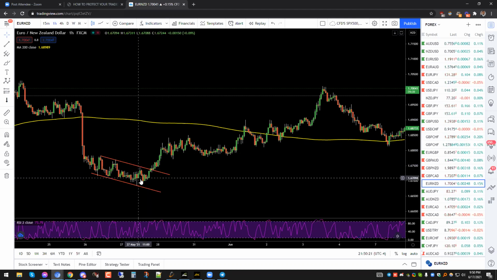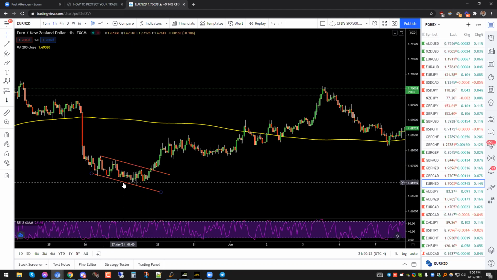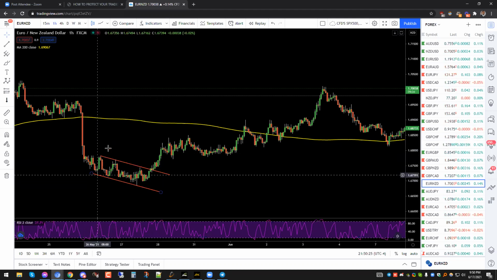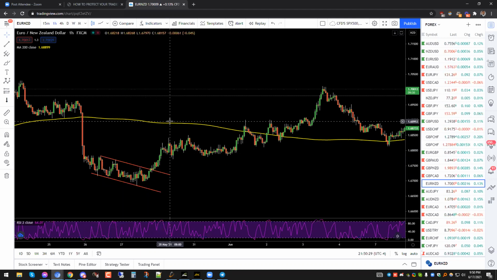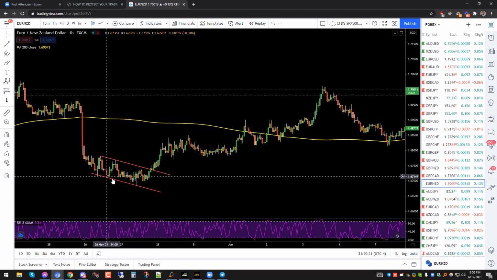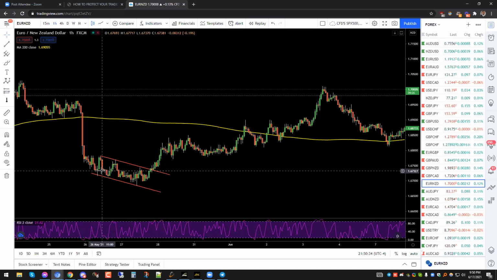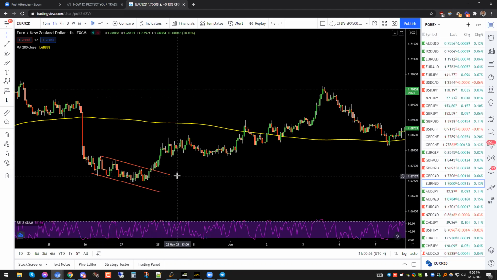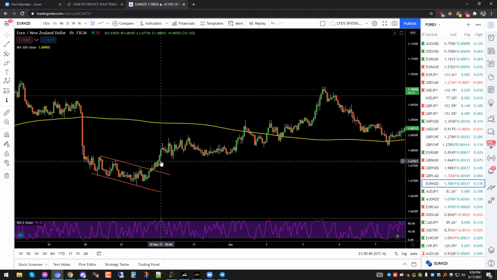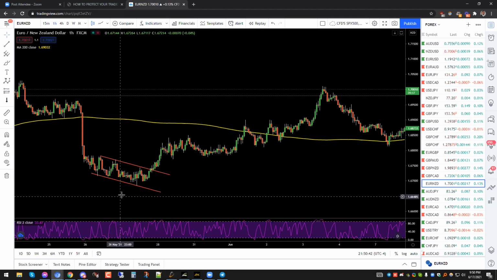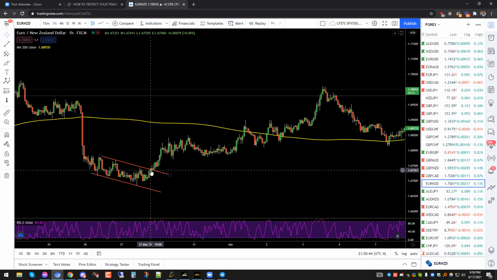With us getting a breakout of this, this is more like an ending diagonal type formation. Let's see, 1, 2, 3, 4, 5, makes a move down, continues up. So this is more of an ending diagonal type formation, right? So with us getting this ending diagonal type formation, you look for a breakout of this diagonal formation to the upside. So once you get price breaking out to the upside, you're looking to go long.